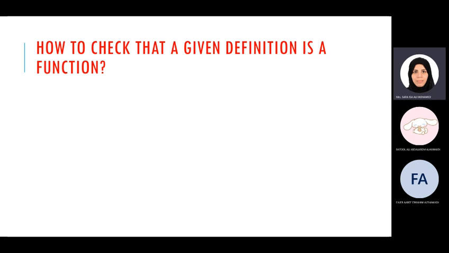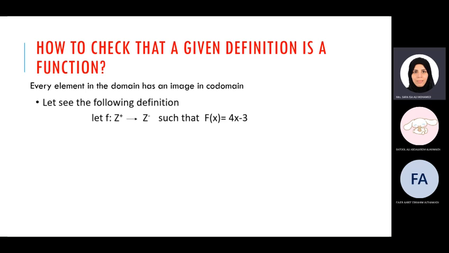So how do we check whether a given definition is a function or not? The first thing is to know what a function means. A function means every element in the domain has an image in the codomain. So they will give you a function definition, for example, from Z plus to Z minus.